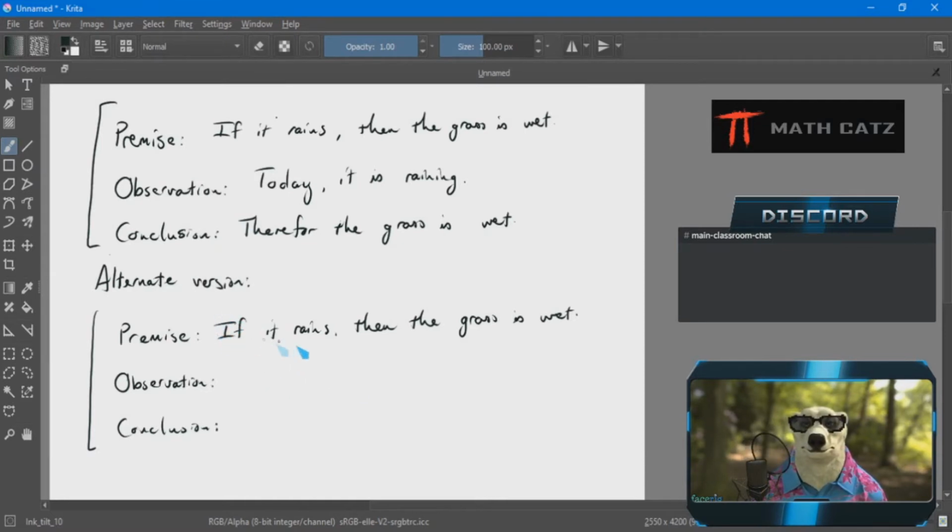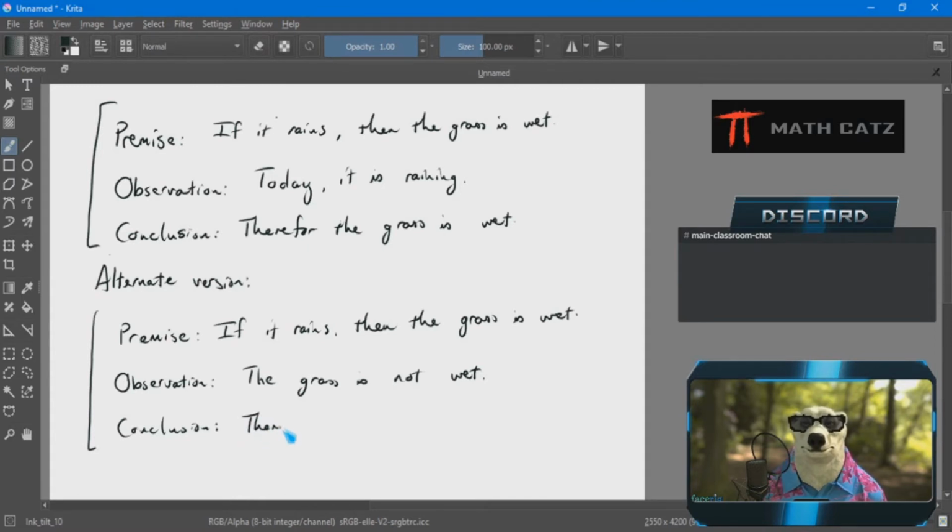So now I have the same premise. If it rains, then the grass is wet. Now my observation is, I go look at the grass. The grass is not wet. Can I make a 100% confident conclusion? Yes, I can.